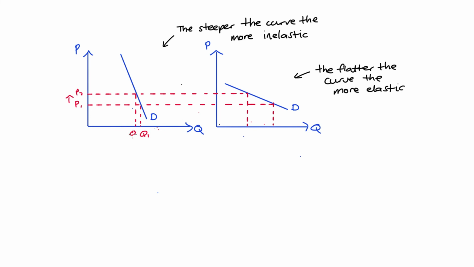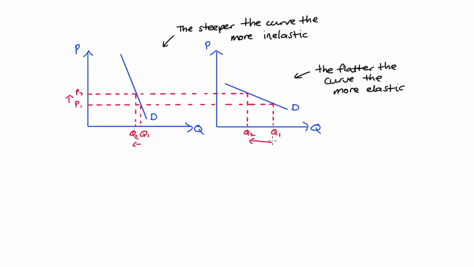So for instance, here I have an identical price increase over 2 curves, and you can see that the first steeper demand curve leads to a smaller decrease in quantity demanded than the second curve. So we would describe this as, well, the first curve is more inelastic relative to the second. There are 2 limiting cases here.